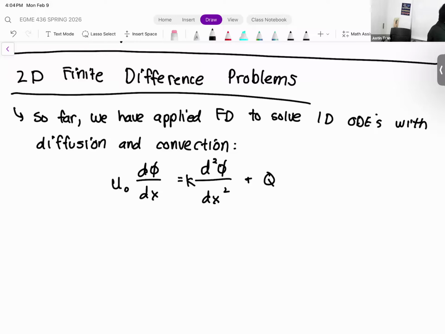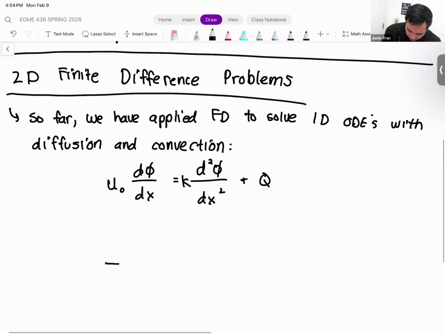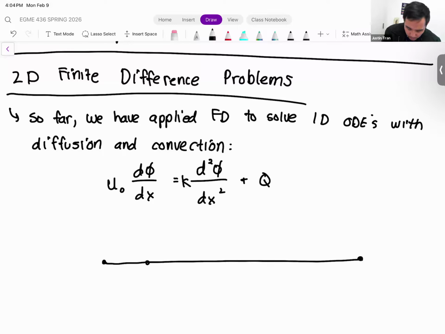All right, with the biggest limitation obviously being in 1 dimension. So we only were able to solve equations where we only had 1 spatial dimension in x. So if you think about homework 1, our solution domains were limited to basically just straight lines.